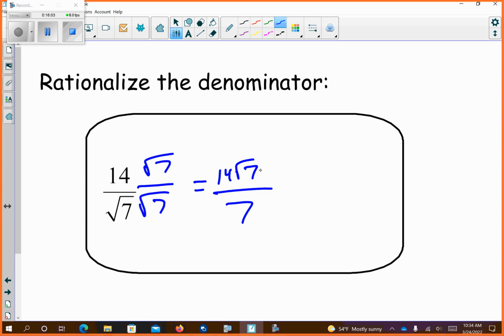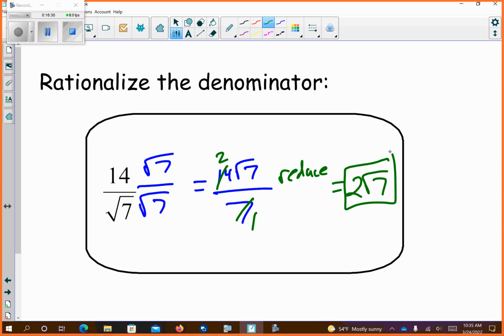Now, the trickery now is on this. The 14 on the top and the 7 on the bottom are not part of a radical. Do you agree? There's not a square root over the 14 or a square root over the 7 on the bottom. So I can reduce this. Okay? So 7 goes into 14 twice. So this comes out to 2 root 7. And it's done.